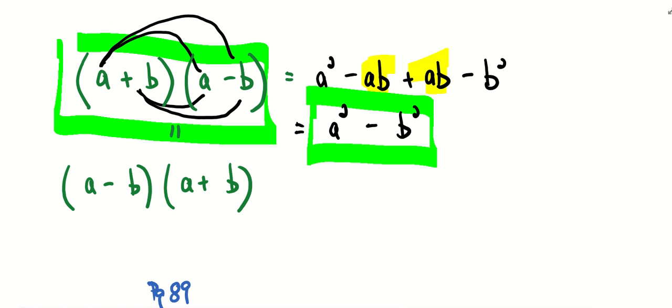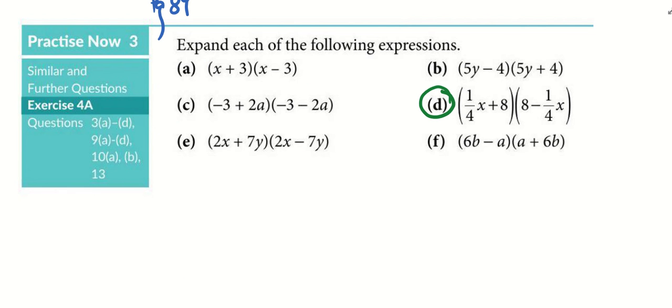Alright, I'm going to write on the whiteboard. Okay, take a look at D. I still want to use the formula. Hey, but teacher, the first term and the second term in the second bracket is different. So, your job is to rearrange. What do I mean? I cannot change the one for minus. Agree?